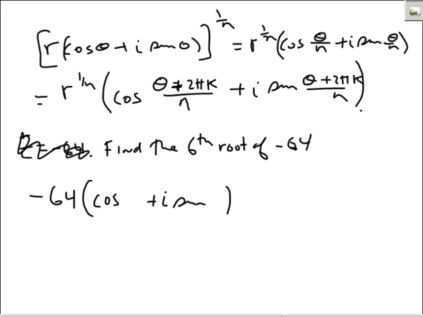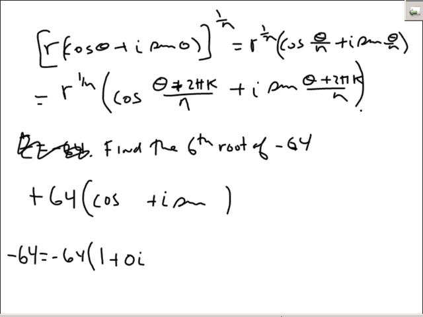Now, you just have to remember that negative 64 is equal to negative 64 times 1 plus no i's. I want to put an angle so that the sine of the angle is 0 and the cosine of the angle is 1. For example, I want the number in front to be positive.